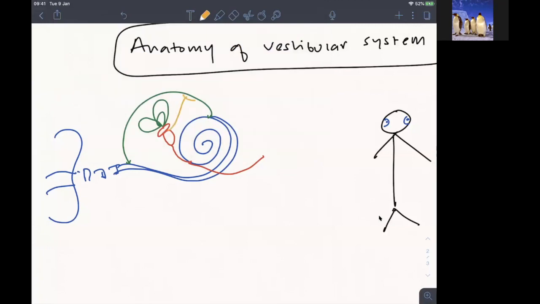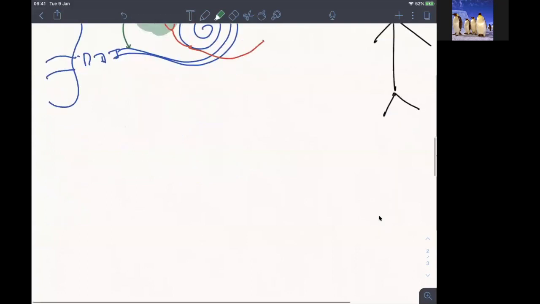Now, I'll tell you what each of these parts does, but understand that this entire area, the sole purpose is to provide information regarding the orientation of the head with respect to gravity. Okay, so let's take it one by one.